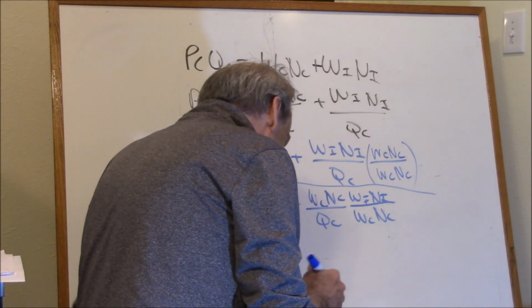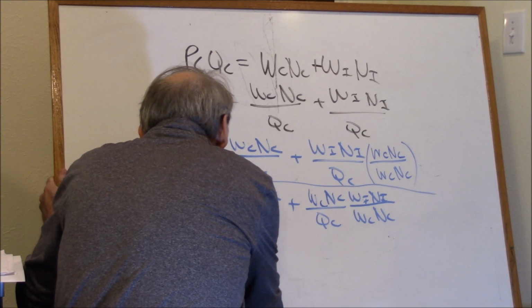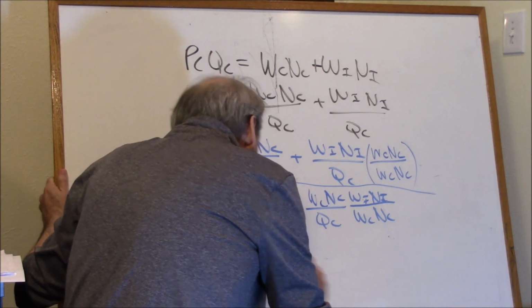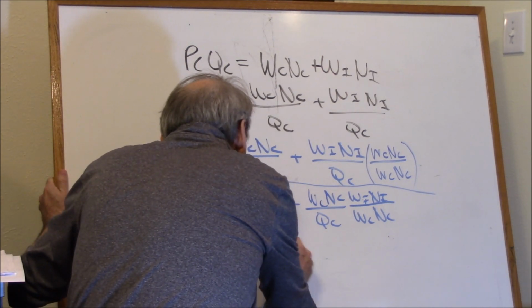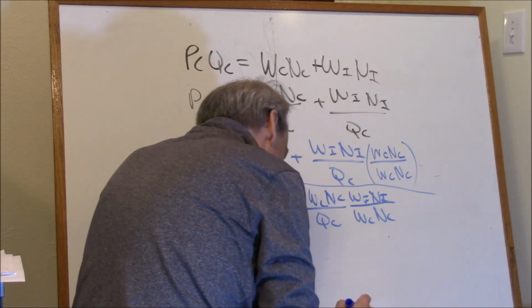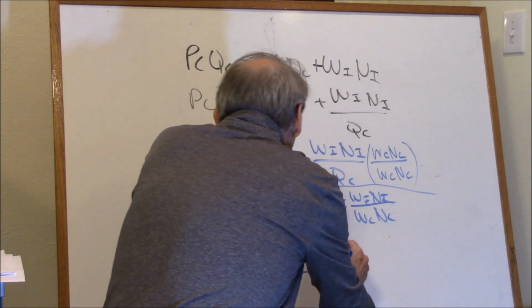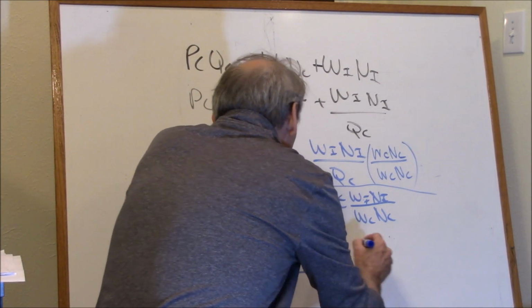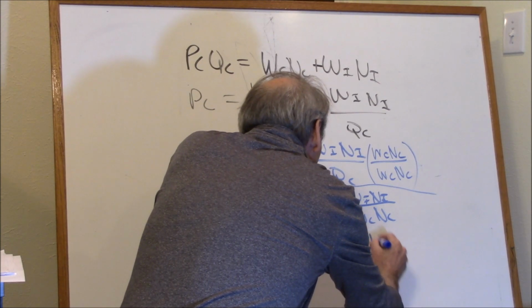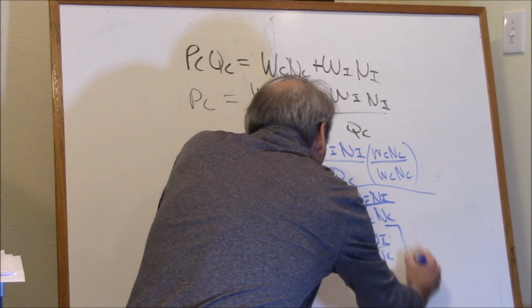Because in the next expression here, PC is equal to WCNC over QC times 1 plus WINI over WCNC.